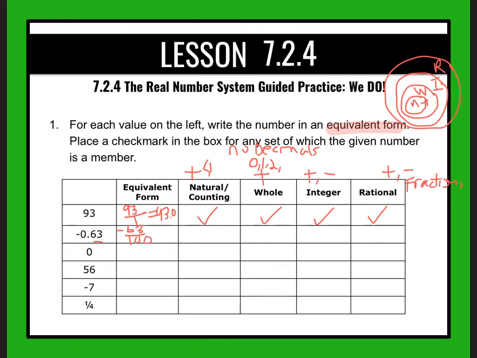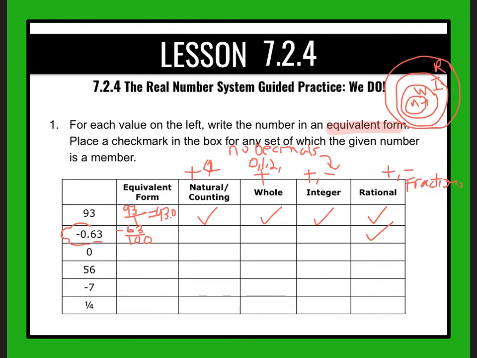Okay, I'm a value less than 1, and there's my place value. I know it cannot be a natural number because natural numbers start with the number 1, and they're only positive. I cannot be whole because that's a negative. Integer. Sometimes we think that this is an integer because it has a negative. However, remember, no decimal values, so therefore the only possible one that it could be is rational.